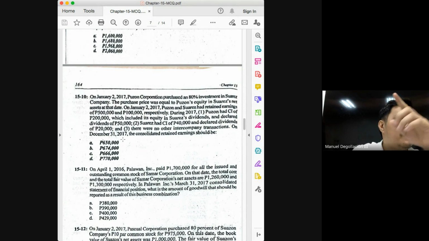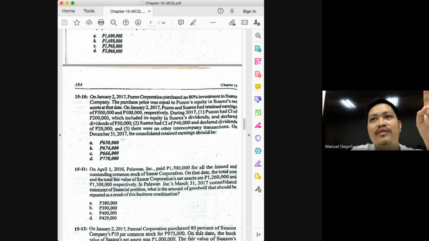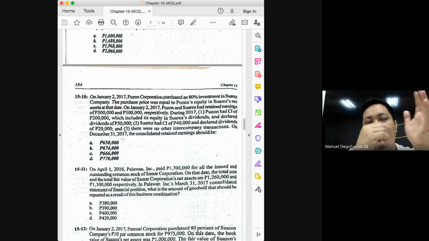In the discussion of the other problems, class, I emphasized it's important that you know whether the income given for the parent is from its own operations or not. Because if the amount given is not from its own operations, you need to deduct dividends received from the subsidiary. But again, let's put that aside first. Let's focus on retained earnings, class.